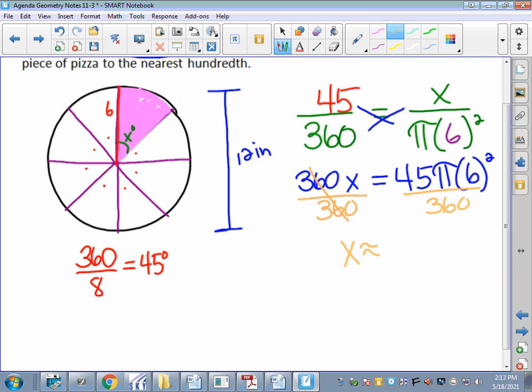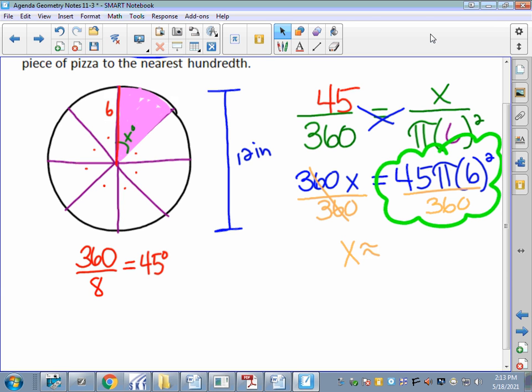Notice all the paper and pencil math first. This is what I'm going to go to my calculator for. I'm going to type in 45 times pi times 6 squared, hit equals and divide by 360, and I believe that comes out to 14.14 square inches. It's area. Area is always squared.